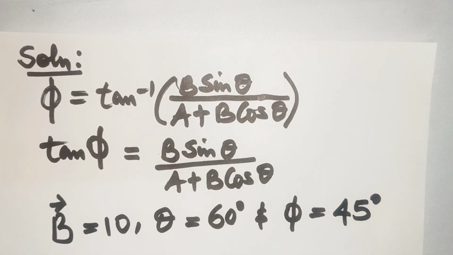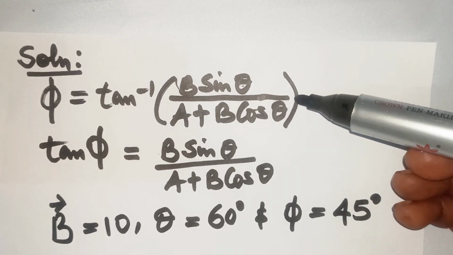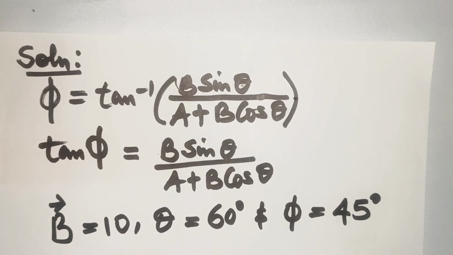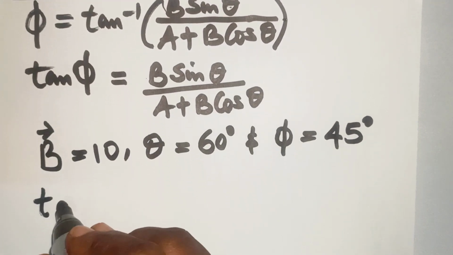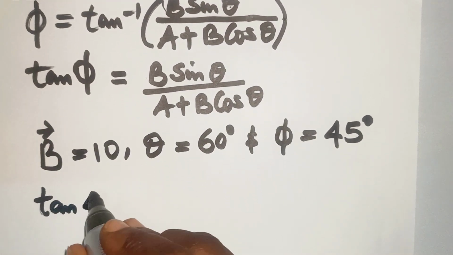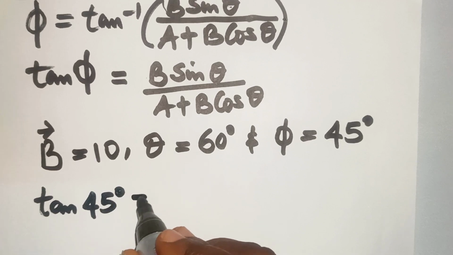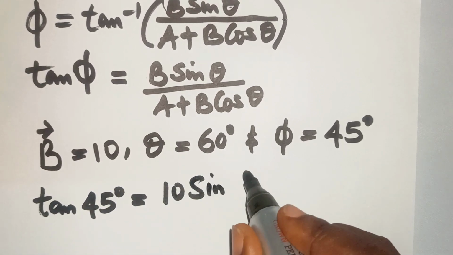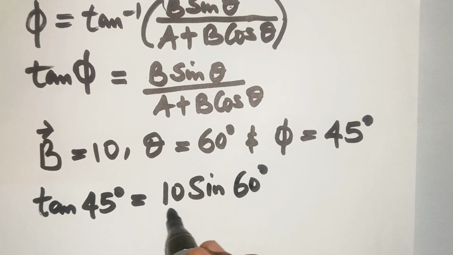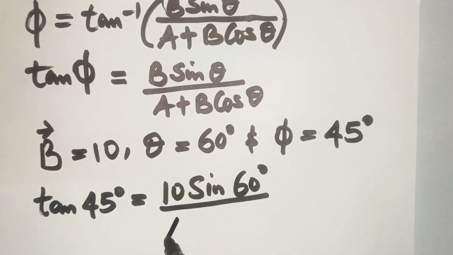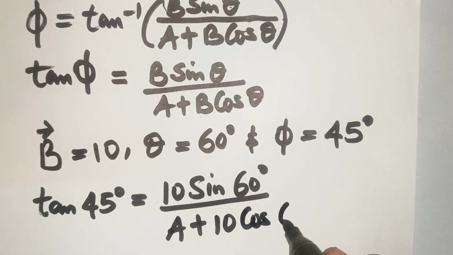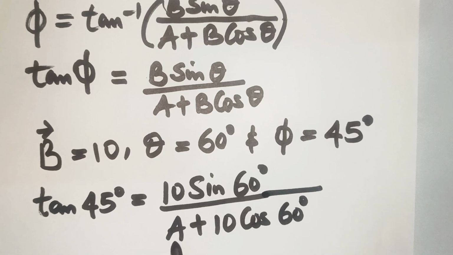So putting these values in this formula, we will get tan 45 degrees is equal to 10 sine 60 degrees divided by A plus 10 cos 60 degrees. We need to find A.